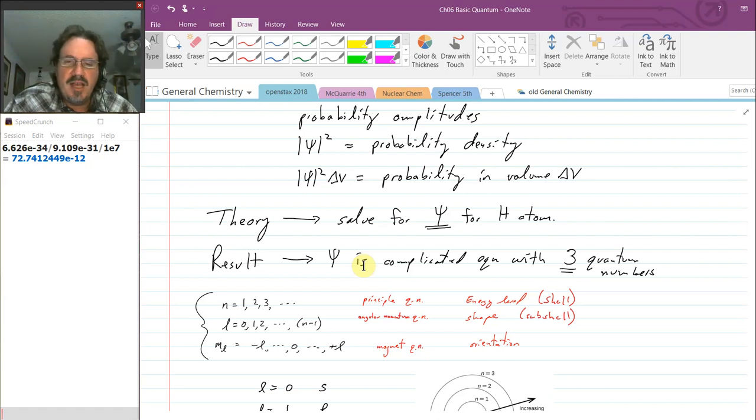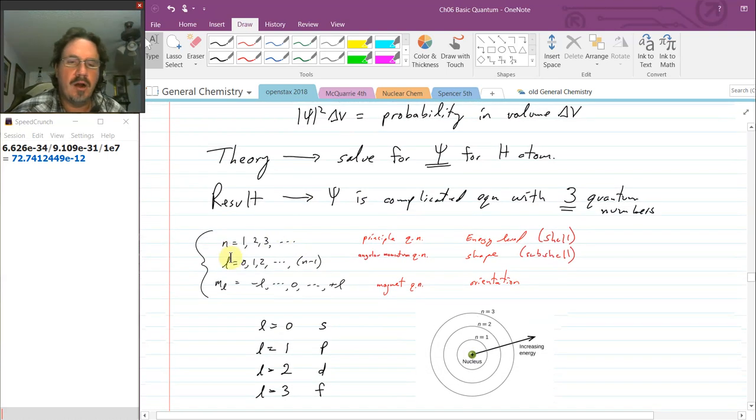The psi's have quantum numbers in them. And of course, we also saw that once you get a quantum number, then we're talking about quantized energy as well, because each one of those psi's, each one of those waves, has a corresponding energy. Right? So we've got quantum numbers. What are they? The quantum numbers are n, just like before, and it equals 1, 2, 3, etc.